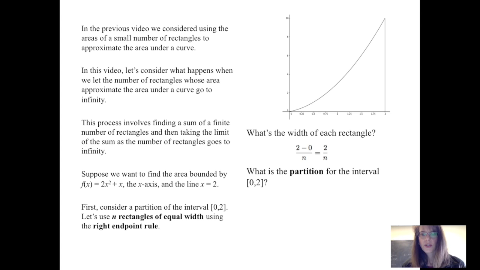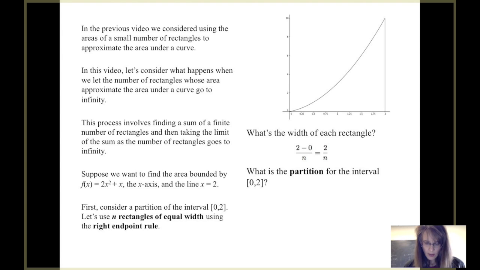When we now look at the partition for the interval, we're going to see that, as we always say, the left and right endpoints of the interval, 0 and 2, become the very first, x sub 0, and the very last, x sub n, terms of our partition. And then beyond that, if I make marks here, each interval would have to be of length 2 over n.